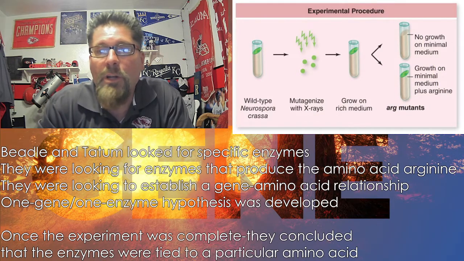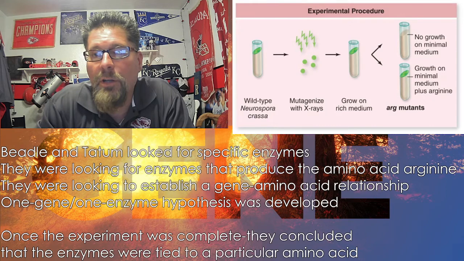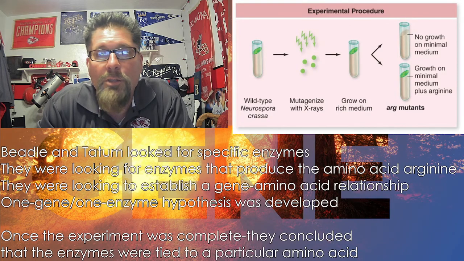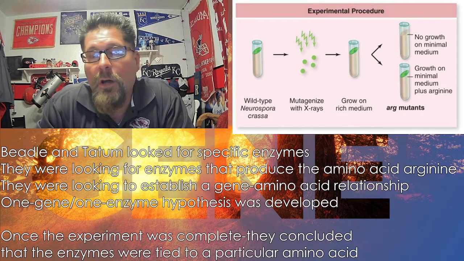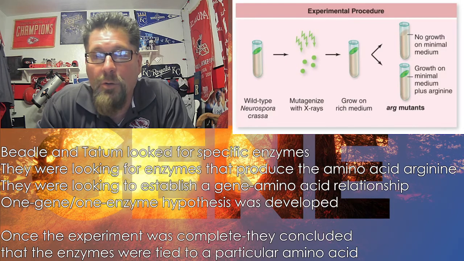As you can see here, what they essentially did is take the fungus we talked about, use X-rays to mutate or essentially just damage it, and then grow it to see what things were different.